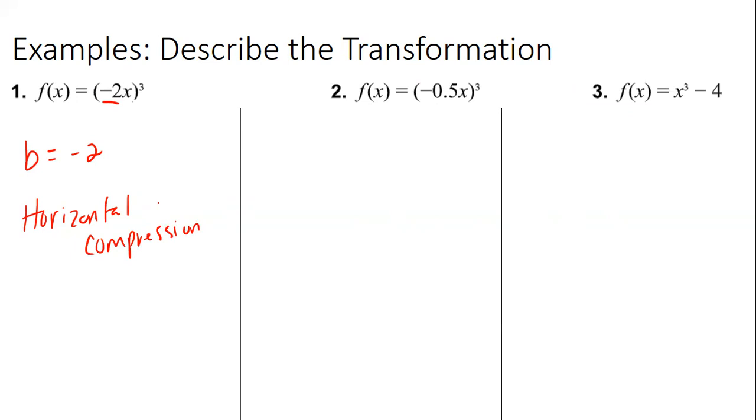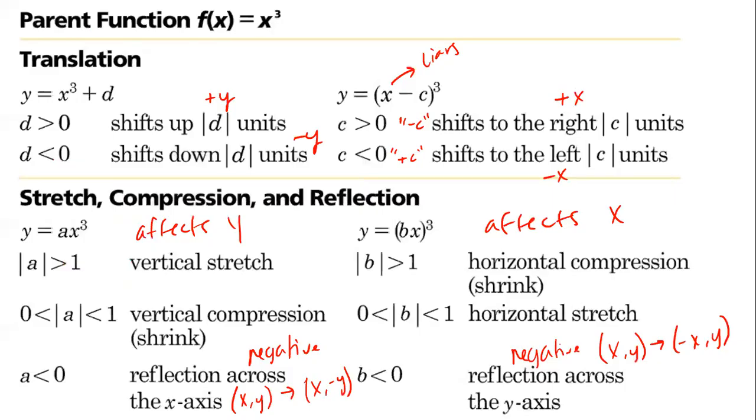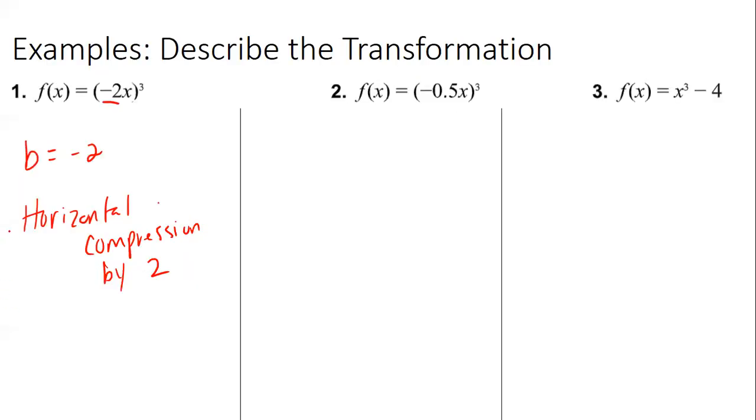Yes. It's a horizontal compression by 2. And then what does the negative tell me? Reflect over which axis though? The Y. So we have a horizontal compression and a reflection over the Y axis.